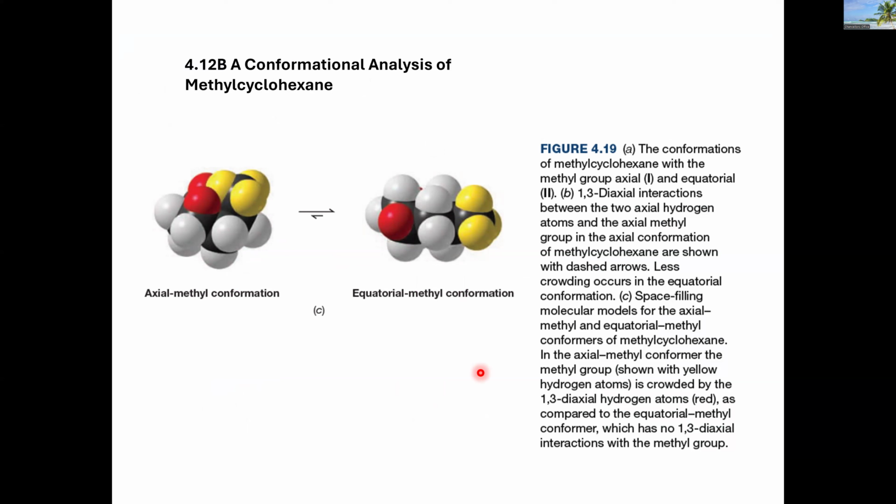So here is another model of showing the methyl cyclohexane. The first one is the axial methyl, the other is the equatorial methyl. So you notice that this bulky group CH3 here is much less strained and far from the other hydrogen atoms.